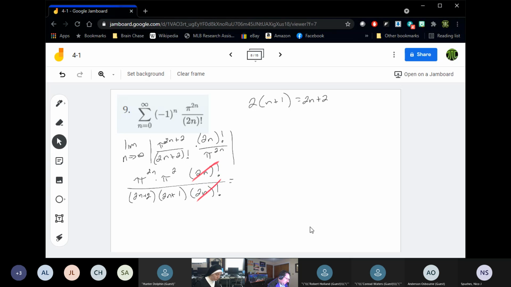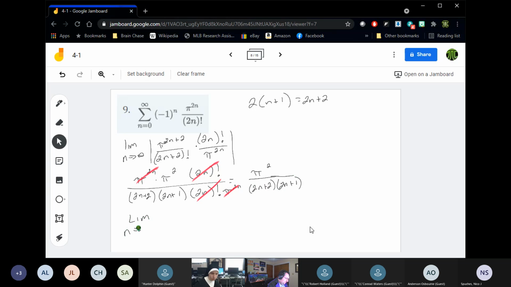And then I forgot to write down here the pi to the 2n. That'll also cancel out. So I'm left with pi to the second power over 2n plus 2 and 2n plus 1 on the bottom. So that's what I'm looking at for the limit.